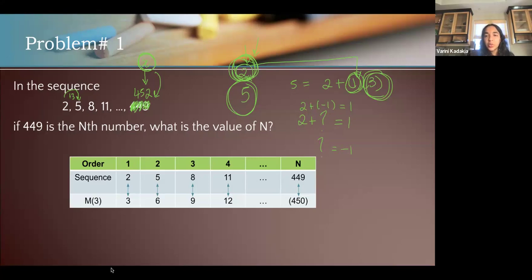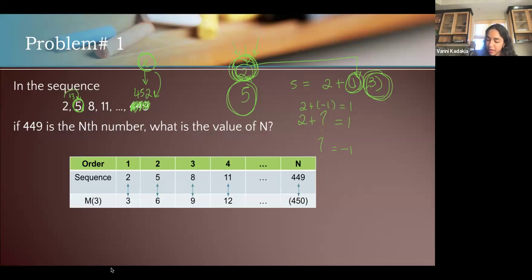Okay, so what we've noticed is that we can actually use the position of 5 at position 2 to get how many times we need to add the common difference. So with 5, we only needed to add the common difference once, right?